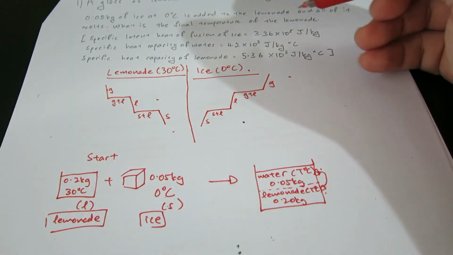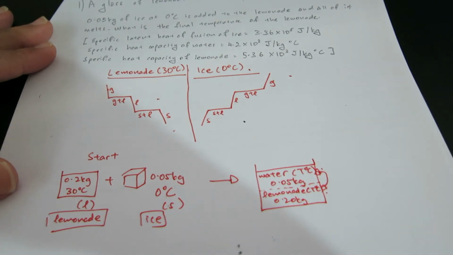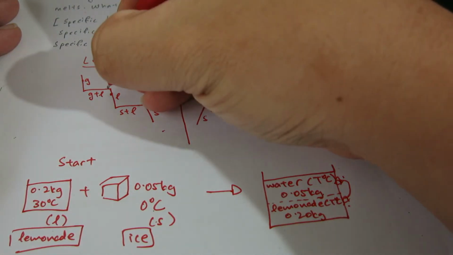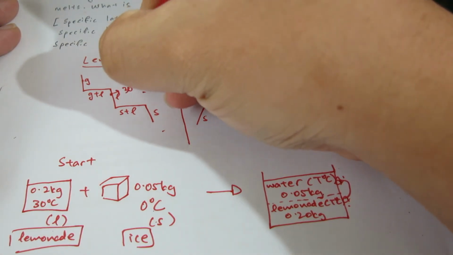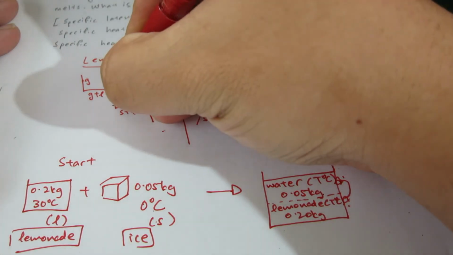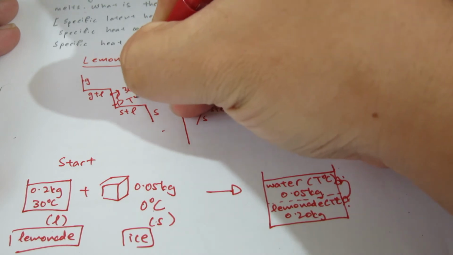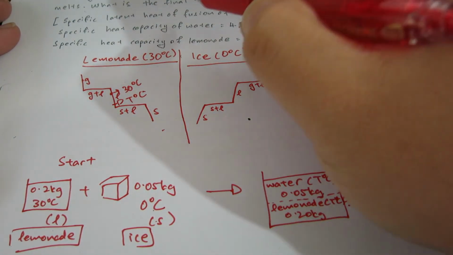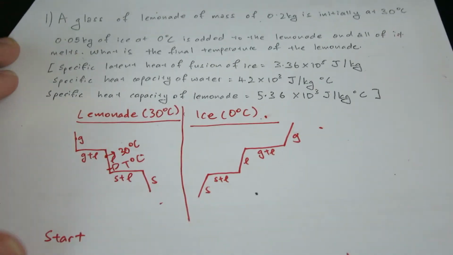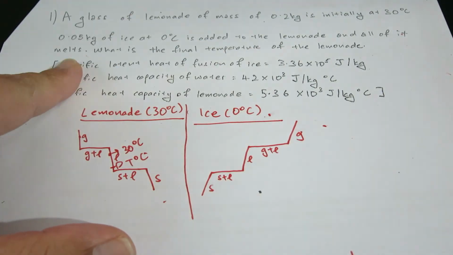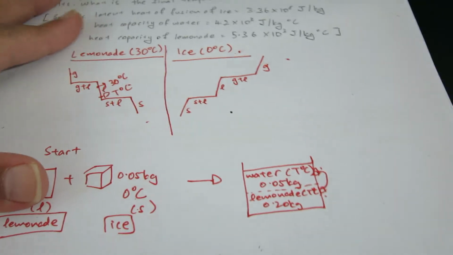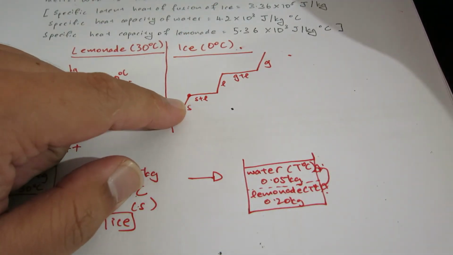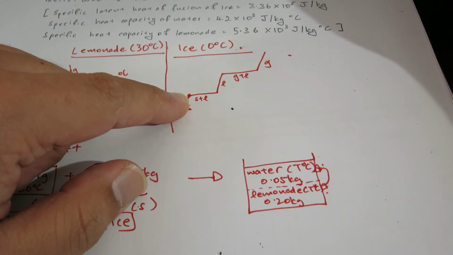So then you identify where it is. If I look closely, the lemonade will start off at 30 degrees Celsius. Then it will cool down to a certain temperature, which I do not know, T degrees Celsius. The ice started off at 0 degrees Celsius in its solid state because it is ice. So which portion of the heating curve is over here? It's all ice and it's at 0 degrees Celsius, its melting point.